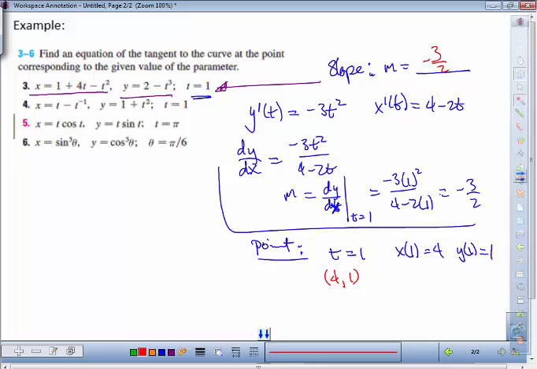So let's write the equation of the tangent line. I can go that y minus y1 business, but I'm going to write the equation a little bit differently. I say y is equal to, and this is a formula.